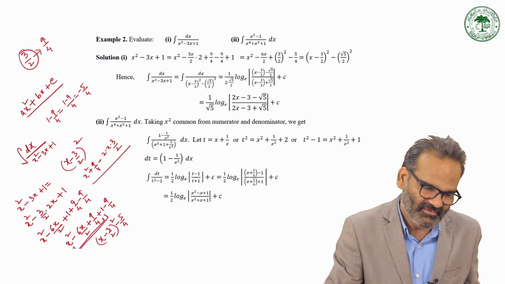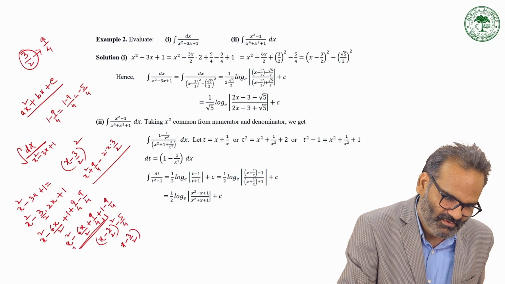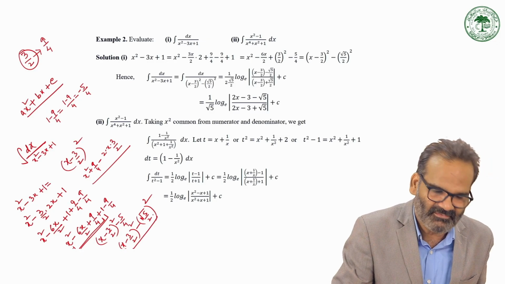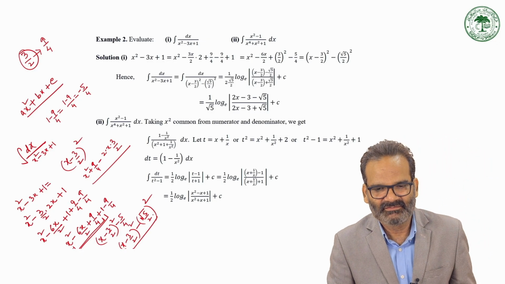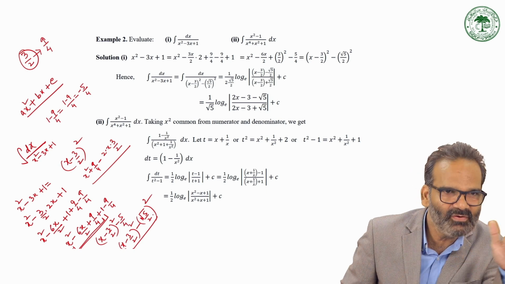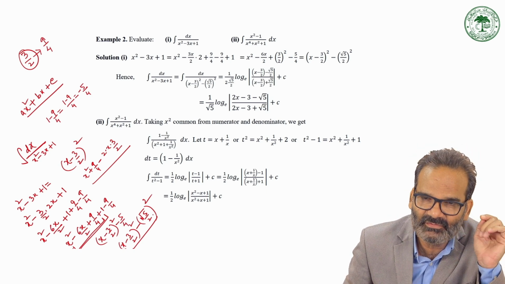Now make it the perfect square. It is almost done. x minus 3 by 2 square minus root 5 upon 2 square. Now we have converted this quadratic equation into the known formulas which we have just discussed by using the technique of the perfect square.